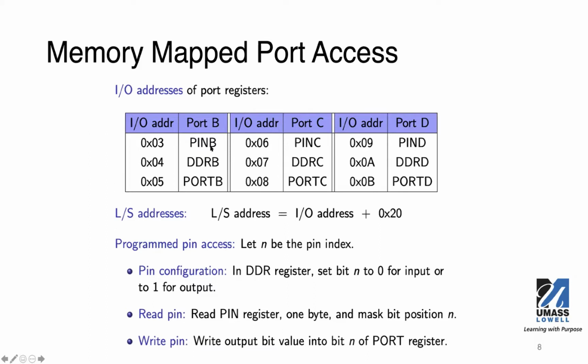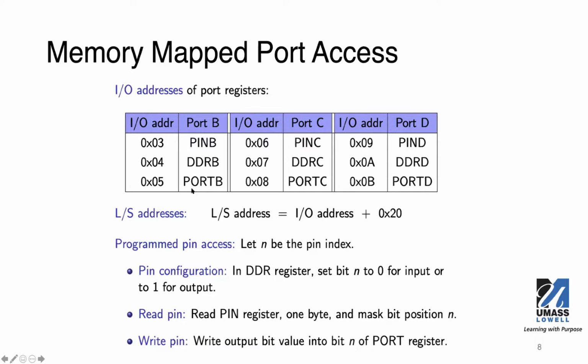In our case, we're going to be reading PINB, read 1 byte, and then mask bit position N. Because when you read from this register, you are reading 8 bits from it, and you only use the one bit at location N, so you want to mask other bits out, or just retain this one bit in position N. For writing, or for output, you can write the output bit value to bit N of the port register.